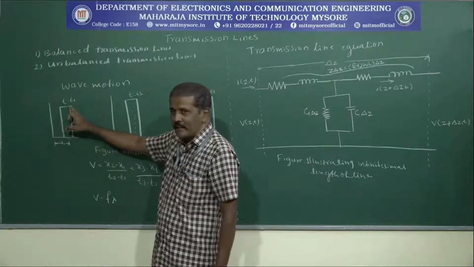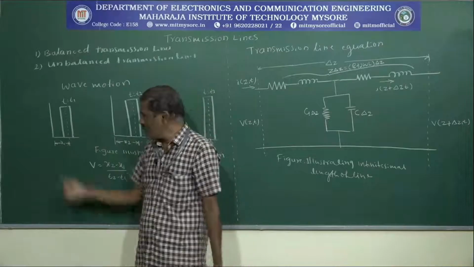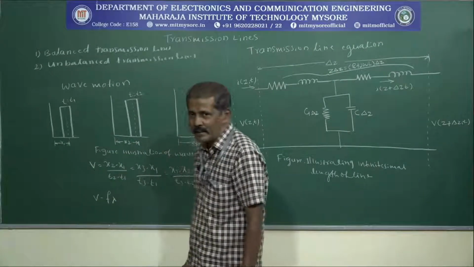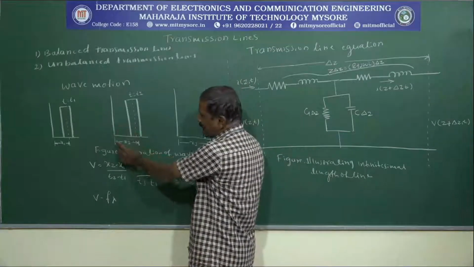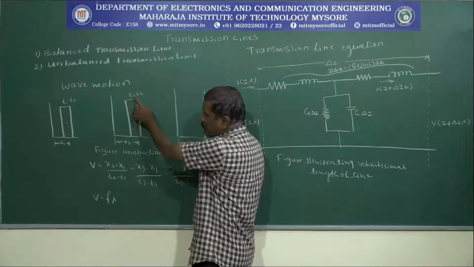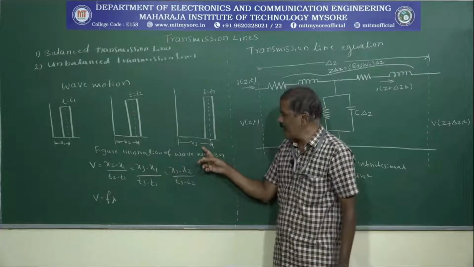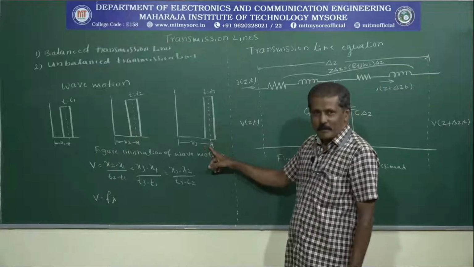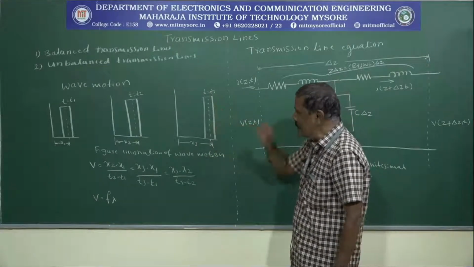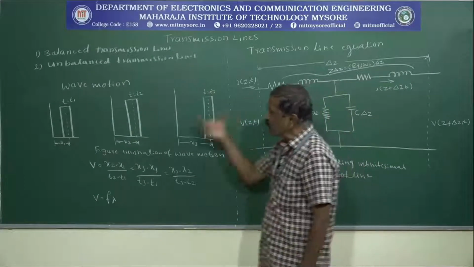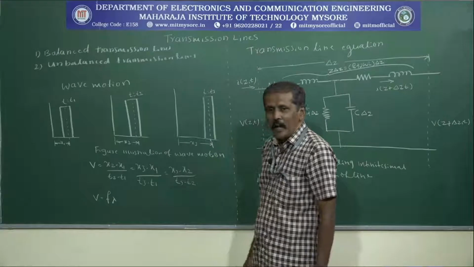Then once again a disturbance is measured at a distance x2 at a time instant t2, and one more disturbance at a distance x3 at a time instant t3. This figure illustrates wave motion, how the waves are moving.